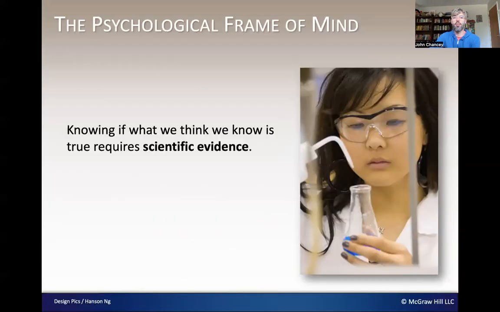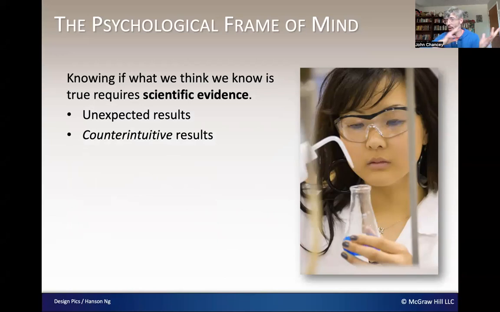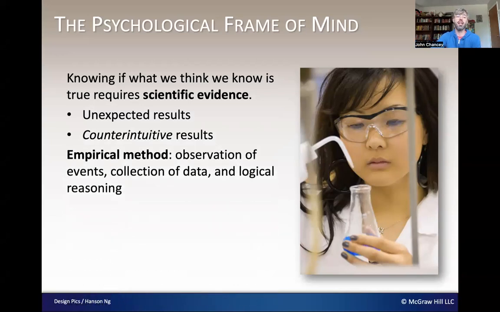So with the psychological frame of mind, we want to derive truth based on evidence. We want to think critically because it leaves us open to seeing unexpected results, possibly explaining counterintuitive results, where maybe we had a hypothesis but we're getting something completely different.